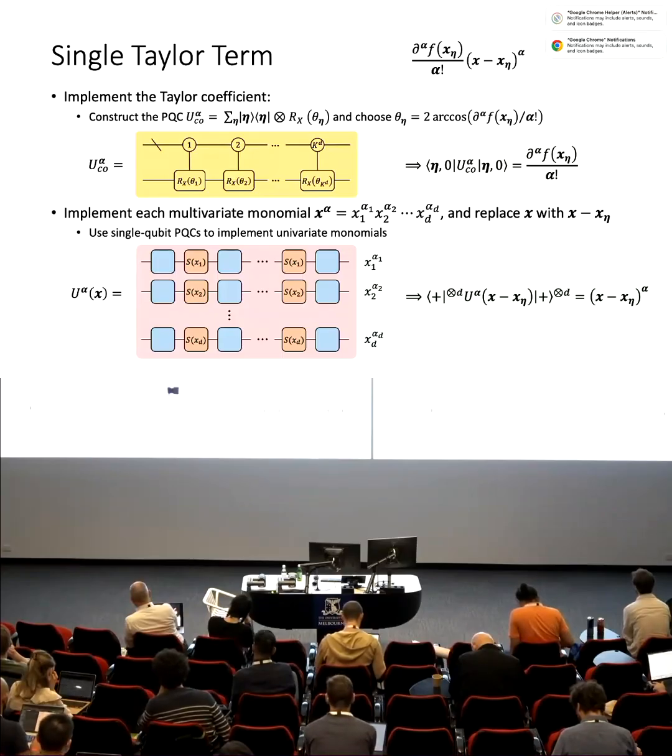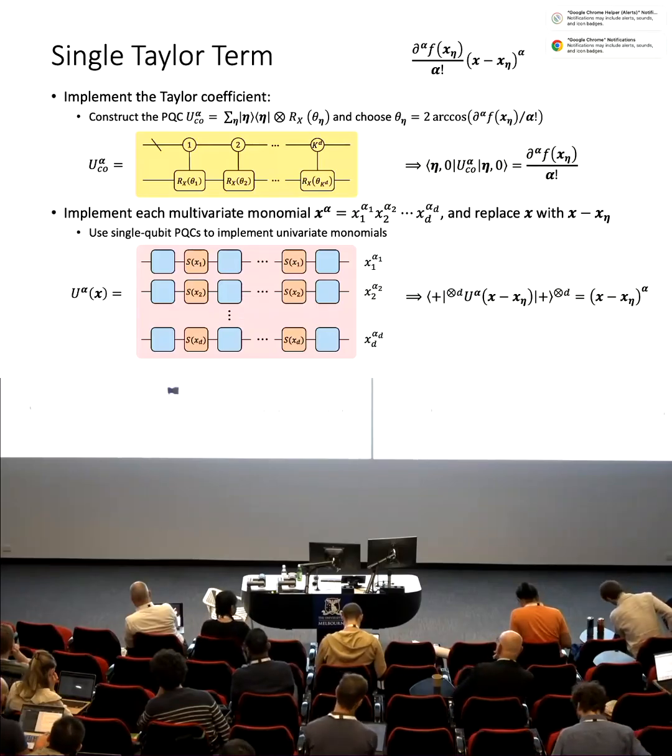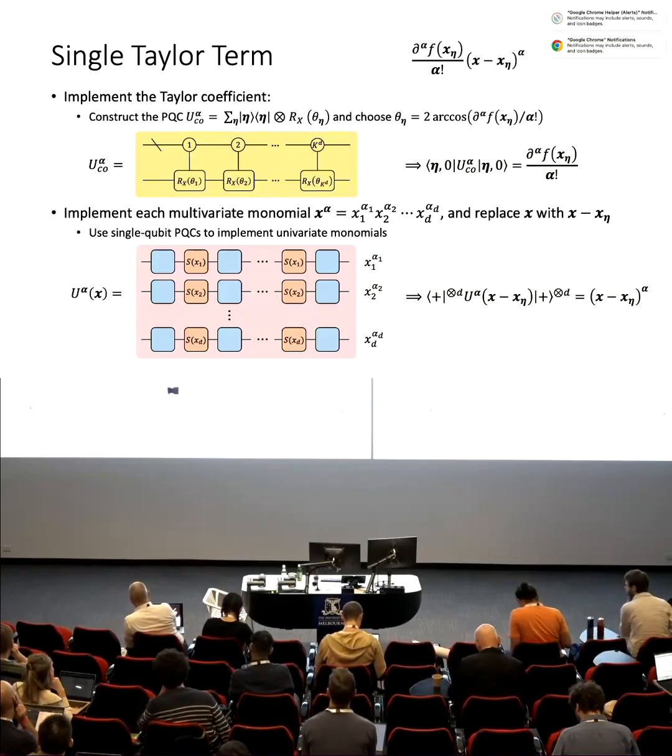Then we use K to the D rotation gates combined with the selection to implement the Taylor coefficient.